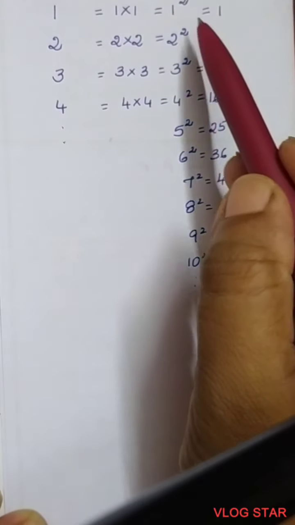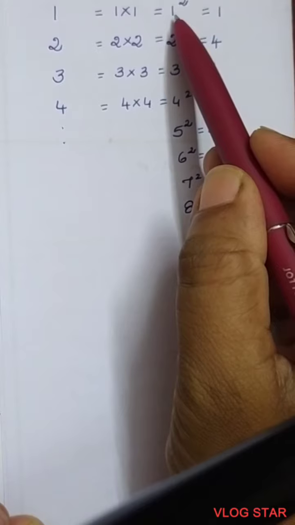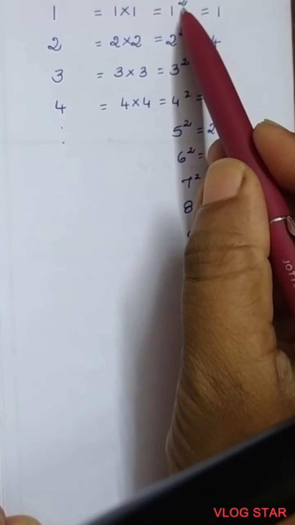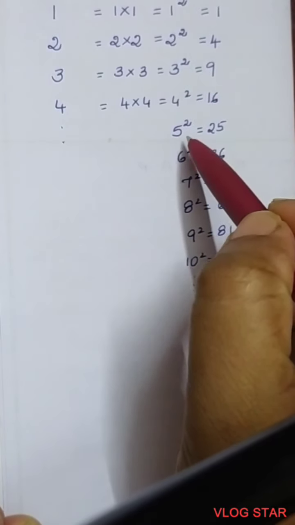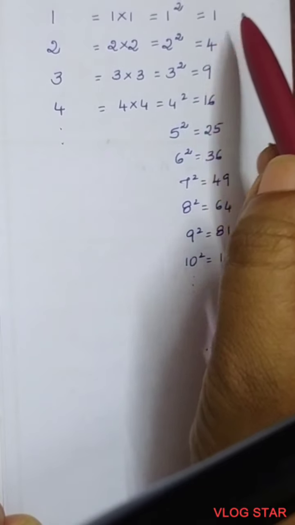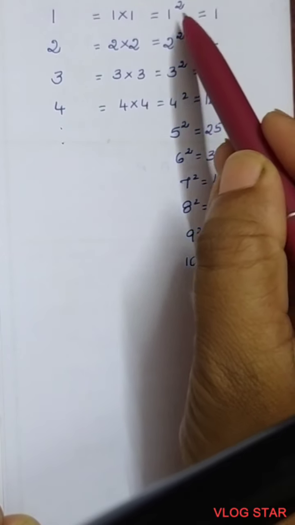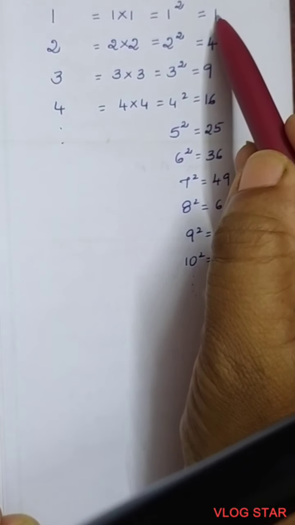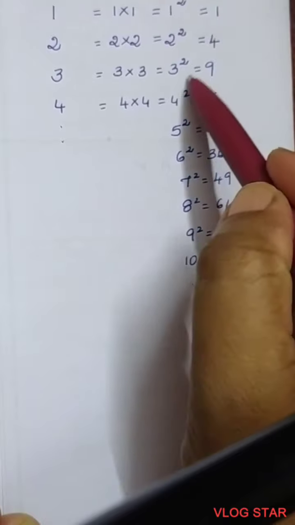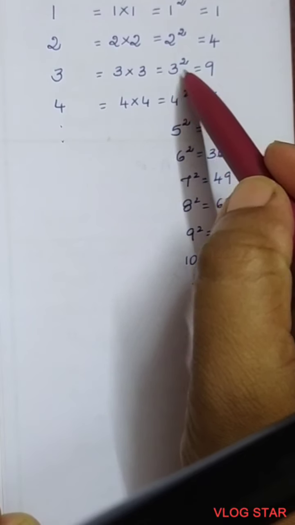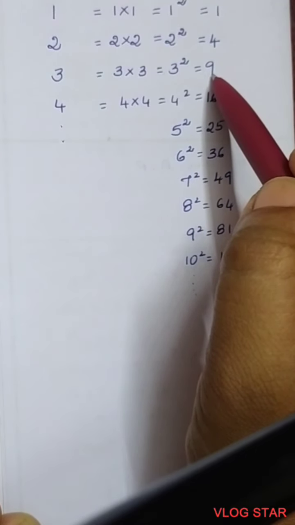When we take the odd numbers, for example 1 square, 3 square, 5 square, all these, we will check the square. This is an odd number, and when you see the square of this one, this is also an odd number. 3 is an odd number, the square of it is also an odd number.